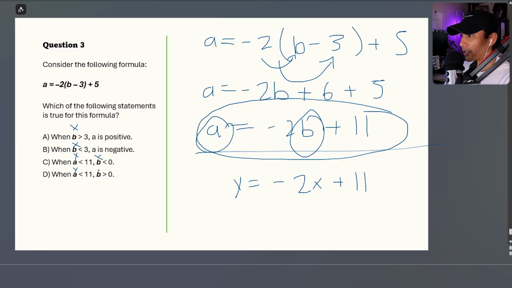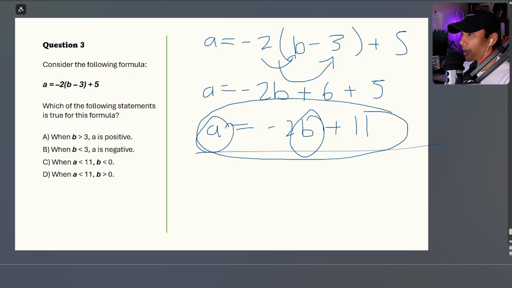Y, x, right? We could do that, but that is time consuming, and we don't want to do that. So we have a equals negative 2b plus 11. And after this, we are going to find the x and y intercepts, or the a and b intercepts, or a intercepts, actually, if I want to do it respectively. But you get what I mean.